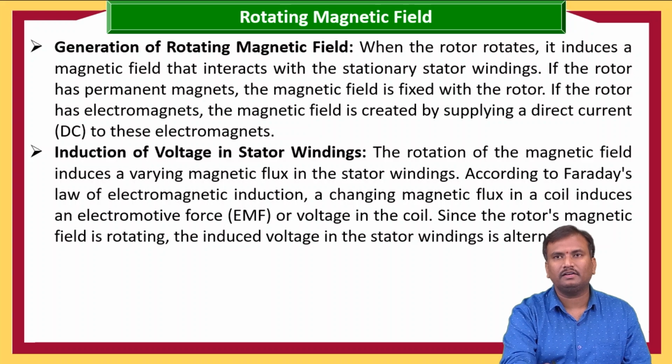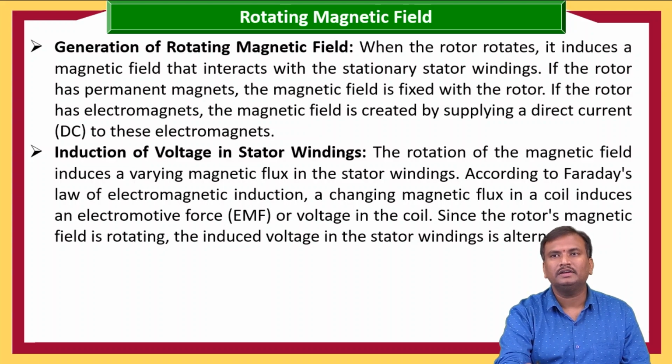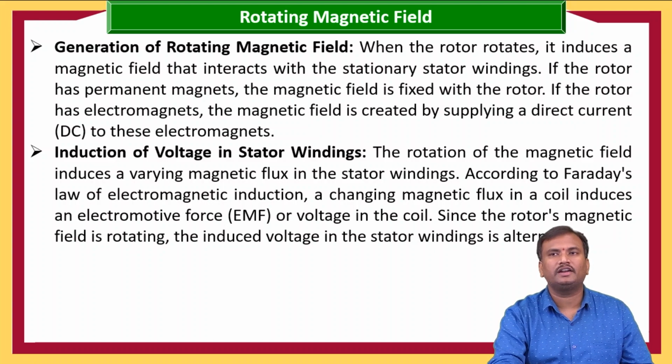According to Faraday's laws of electromagnetic induction, a change in magnetic flux in a coil induces an EMF or voltage in the coil. Since the rotor's magnetic field is rotating, the induced voltage in the stator windings is alternating.